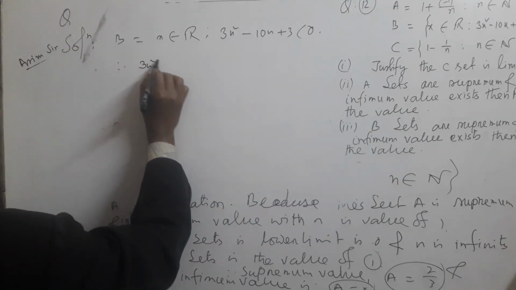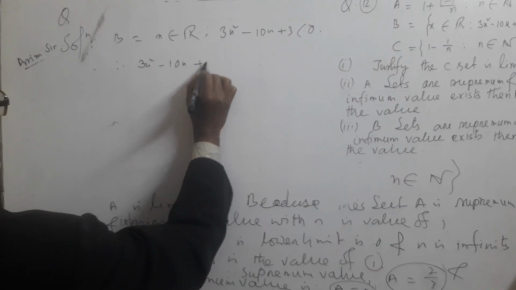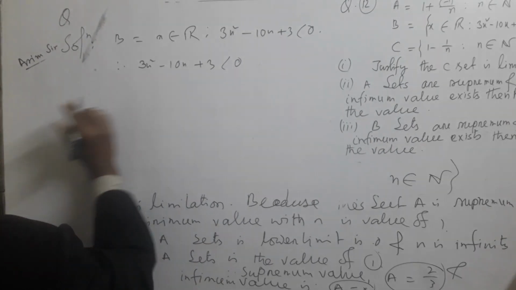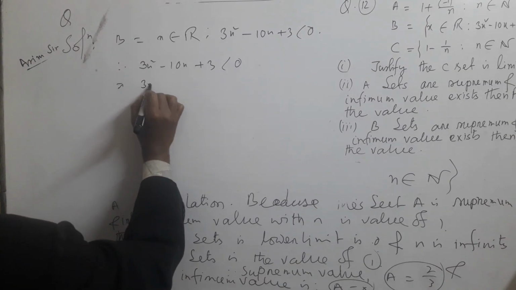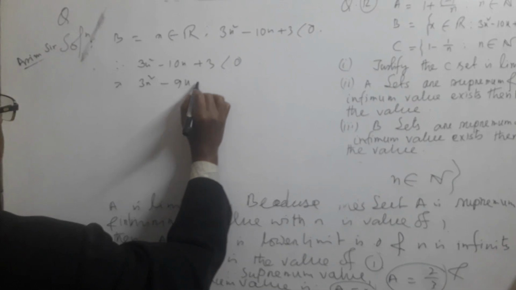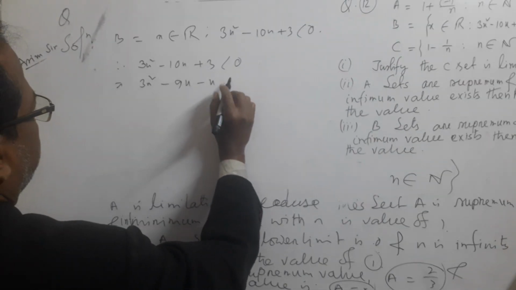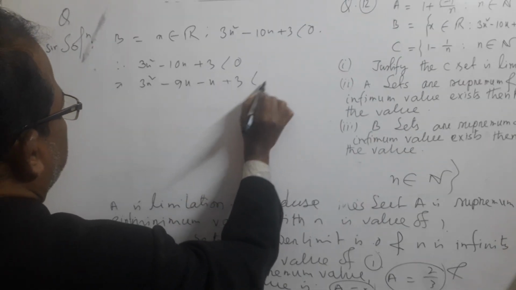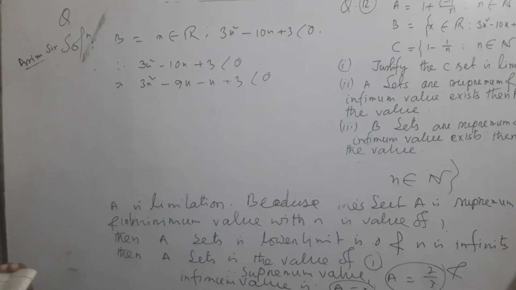Therefore 3x square minus 9x minus x plus 3 is less than 0.